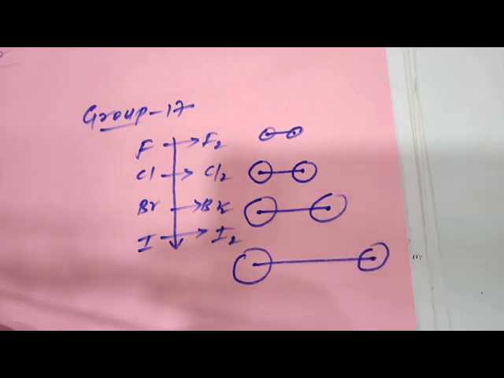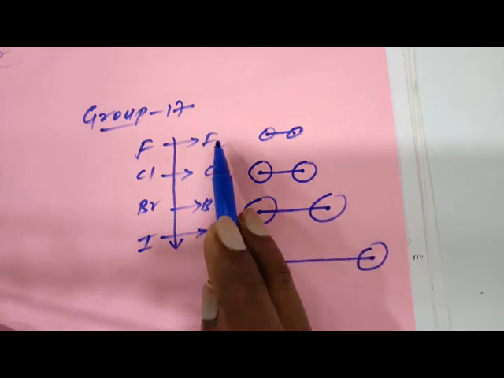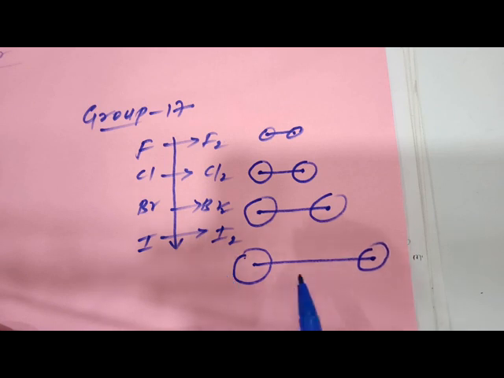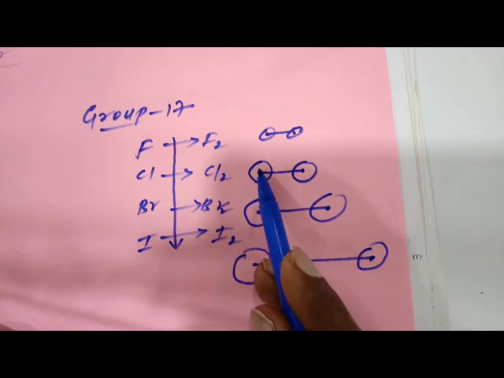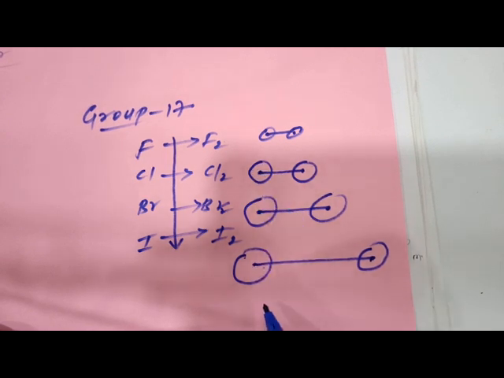As we move from fluorine to iodine, atomic size increases, and the bond length also goes on increasing.